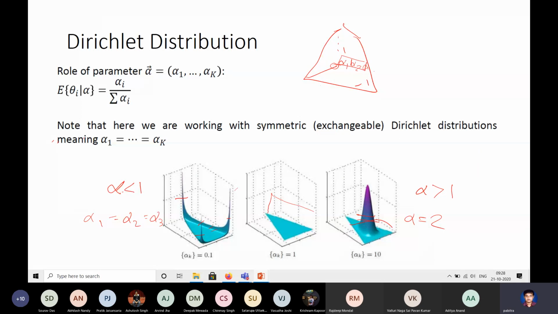That's what explains this: here alpha is small, and that's why the mean is towards the corner. Remember, theta is nothing but the distance from the corner, how far it is from the corner. So if alpha is low, the mean will be towards the corner.